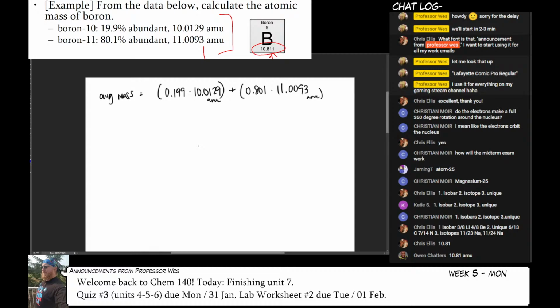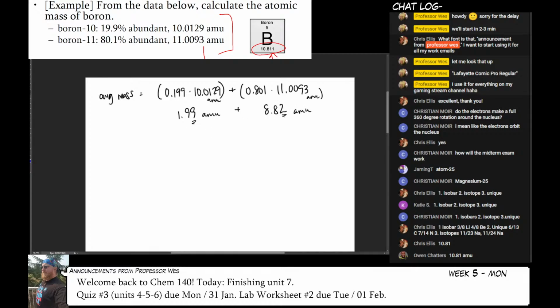So let's do the first set real quick. So I get, 3 sig figs would be 1.99. And then over here, 0.801 times 11.0093. 3 sig figs for this would be 8.82.